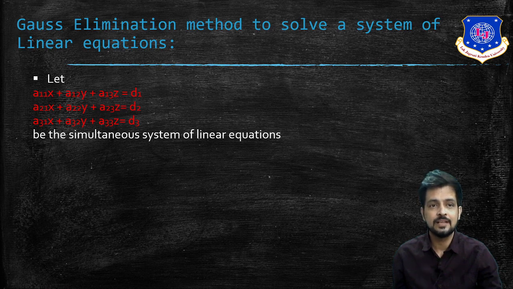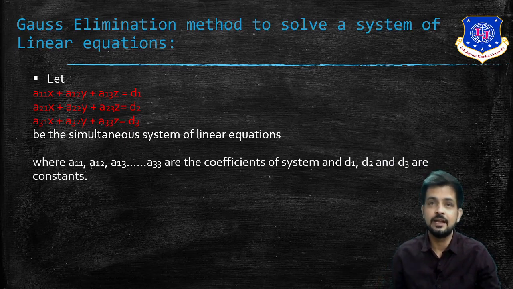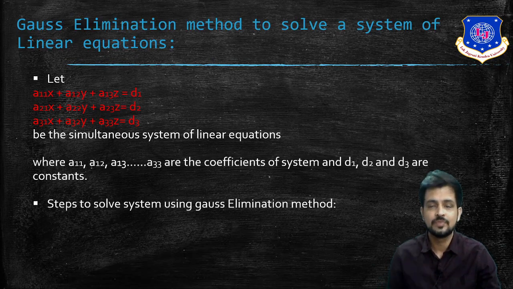Then a21x plus a22y plus a23z is equal to d2. Then a31x plus a32y plus a33z is equal to d3. Let this be the system of linear equations where a11, a12 and so on up to a33 are the coefficients of the system, and d1, d2, d3 are considered to be constants.